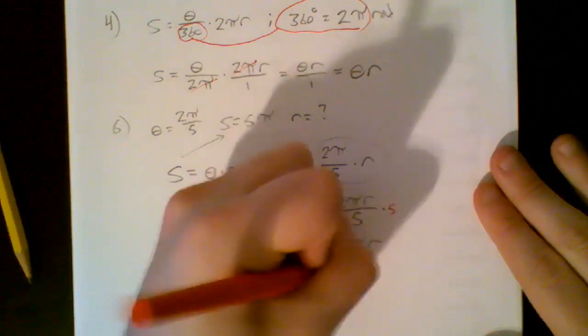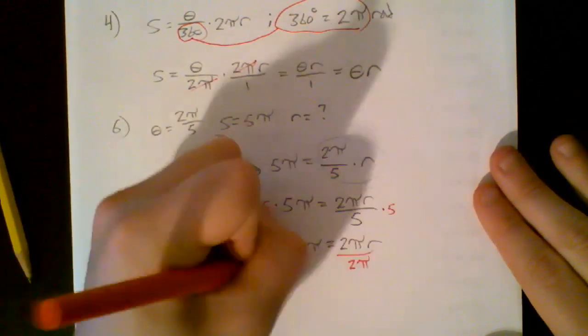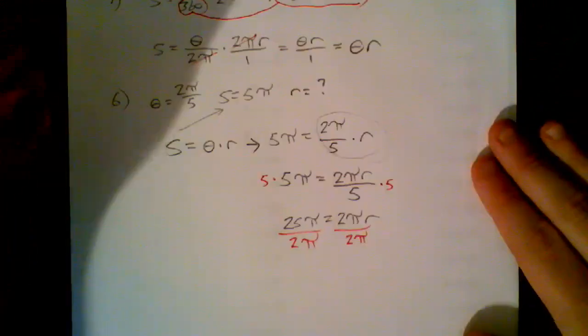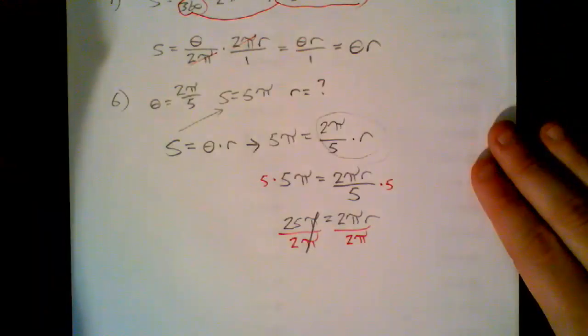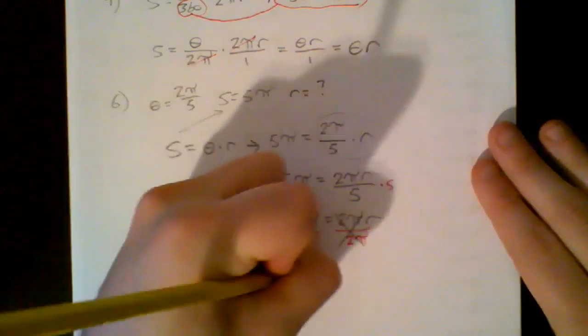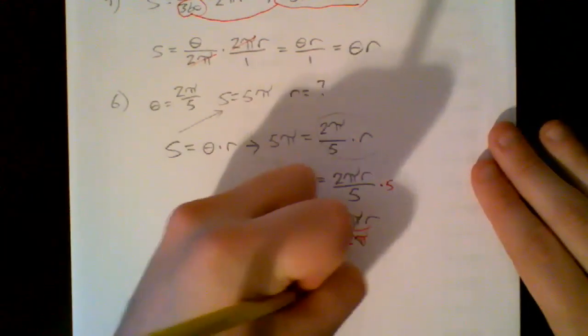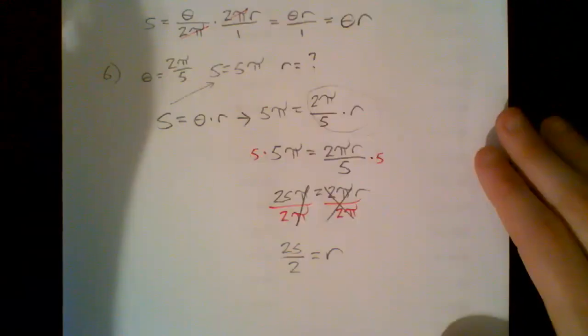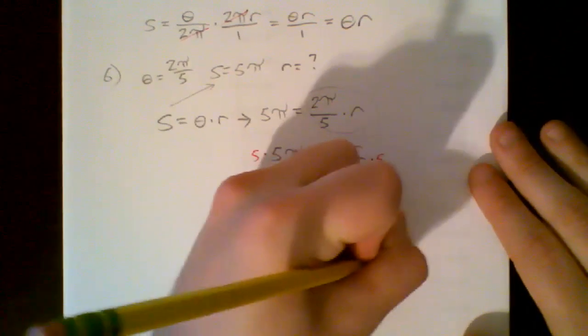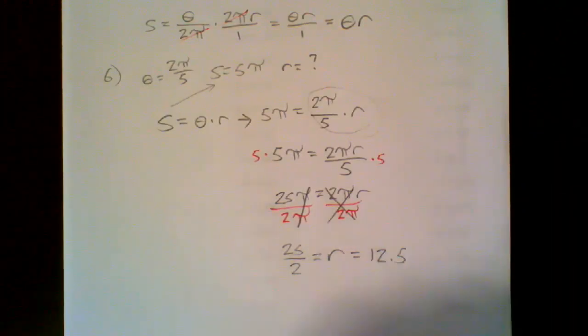And then we can divide away the 2 pi on both sides. You'll notice now the pi's cancel each other out. This whole side's gone, and we're just left with 25 halves equals the radius, or if we wanted that as a decimal, half of 25, that's just equal to 12.5. All right, number 6 is done.